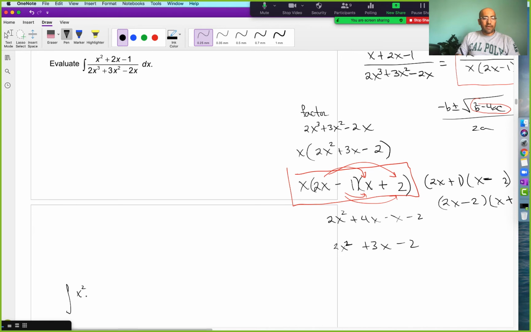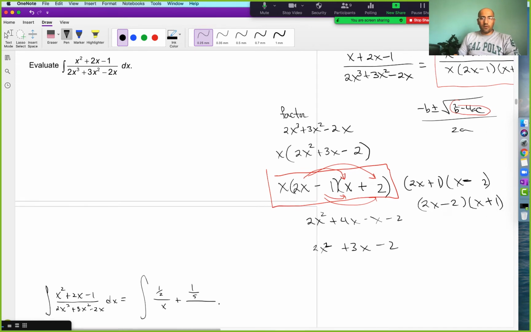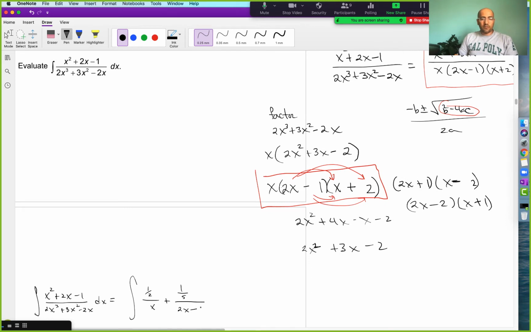So the integral of (x squared plus 2x minus 1) over (2x cubed plus 3x squared minus 2x) dx turns out to be equal to the integral of 1/2 over x plus 1/5 over (2x minus 1), plus negative 1/10 over (x plus 2) dx.